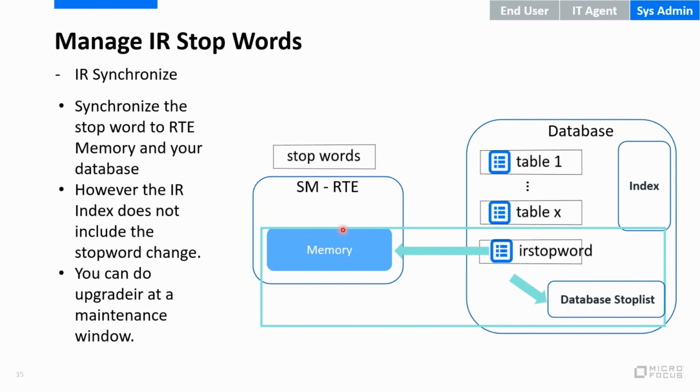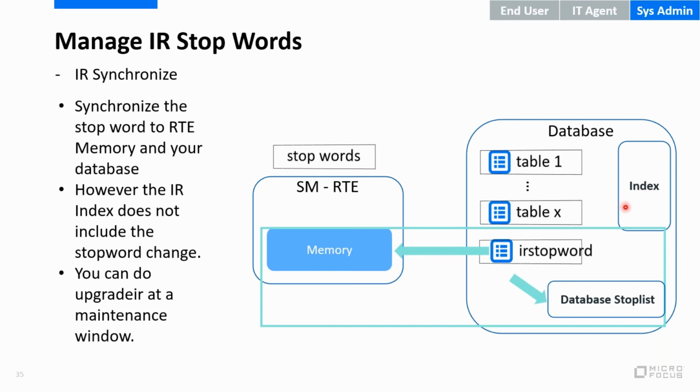However, the IR index does not include the stop word changes. So you need to do the upgrade IR so that the newly added stop word will be added into the SM's database index.